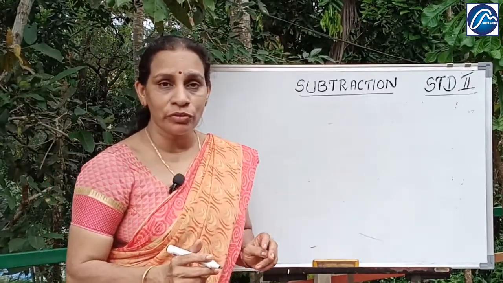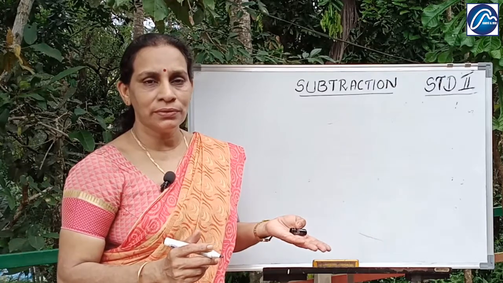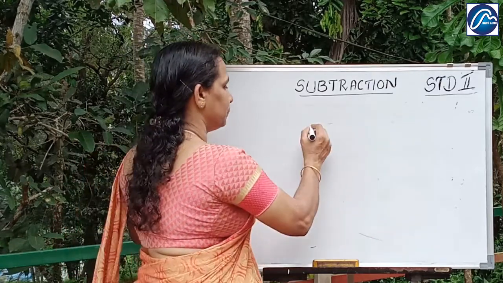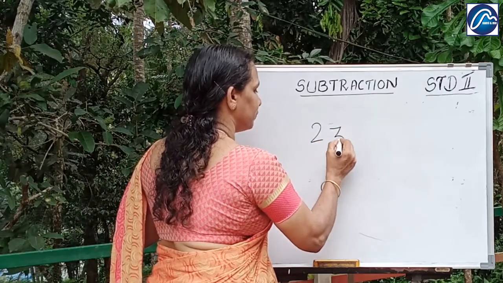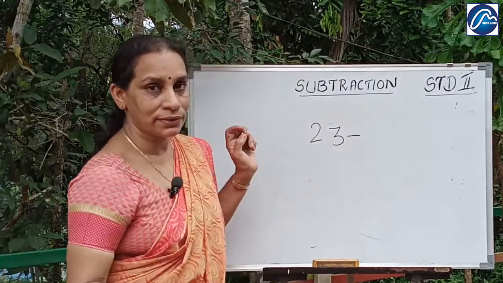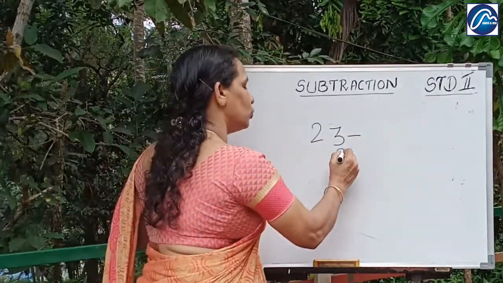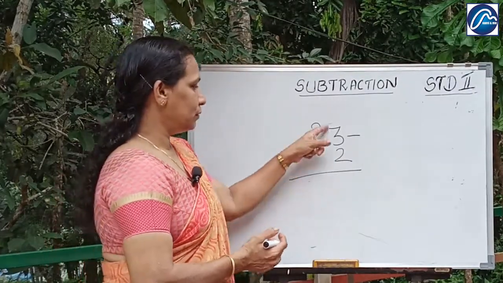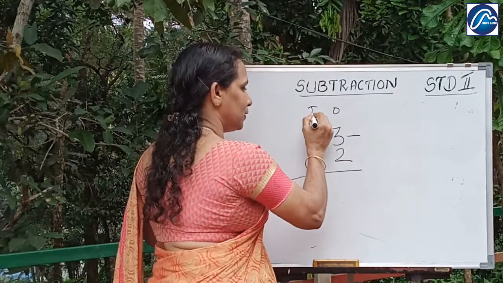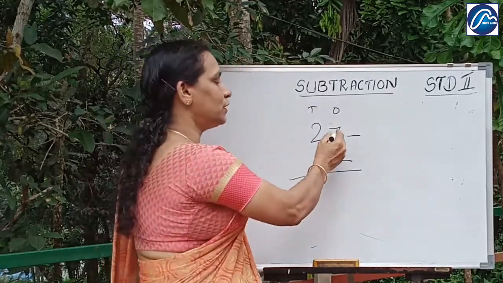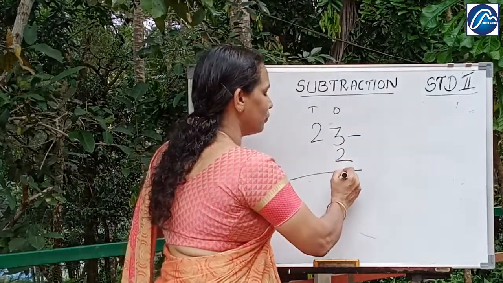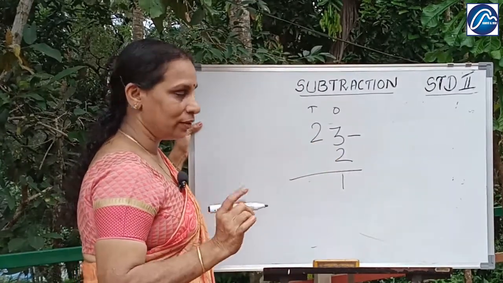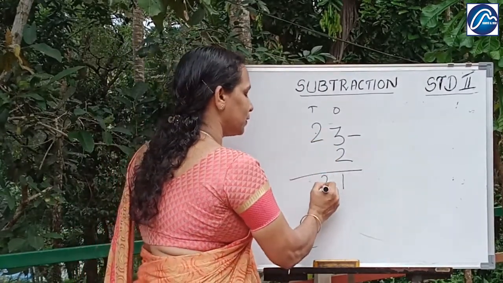Which number should I write? 23, 24, okay, 22 minus 2. What will be the answer? Ones, tens. So first you subtract 3 minus 2, 1. Is there anything to subtract here? No, nothing. So you can simply write this.